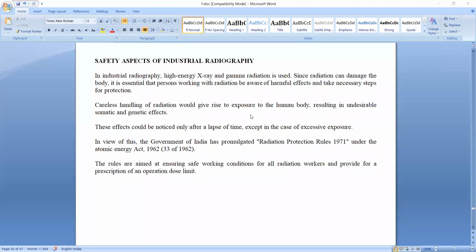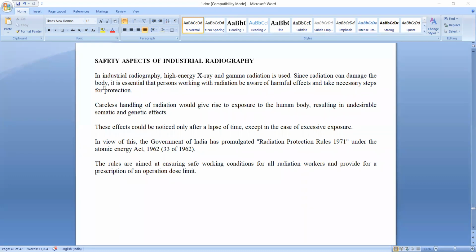The damage mainly depends on the exposure time and exposure dose: how much radiation is penetrated into the human body and how much time he is exposed during the radiography. These two factors are very important for finding the biological effects of this radiation.